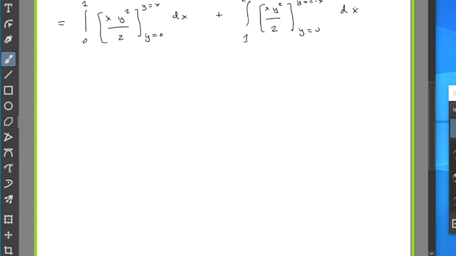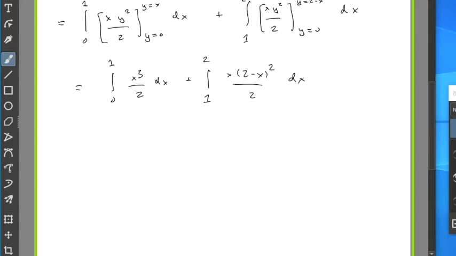Okay, we put in the limits. When y equals 0, that vanishes, so the only thing that remains is the upper limit in both integrals. x²/2 minus (2 minus x)²/2 dx.